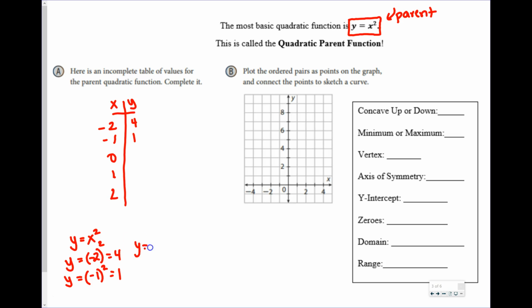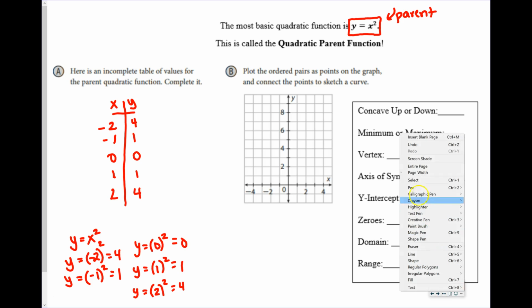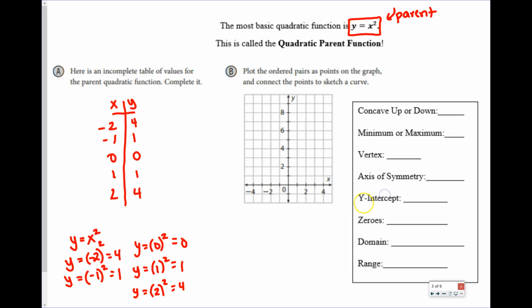At 0, y is 0. At 1, it's 1, and at 2, it's 4.